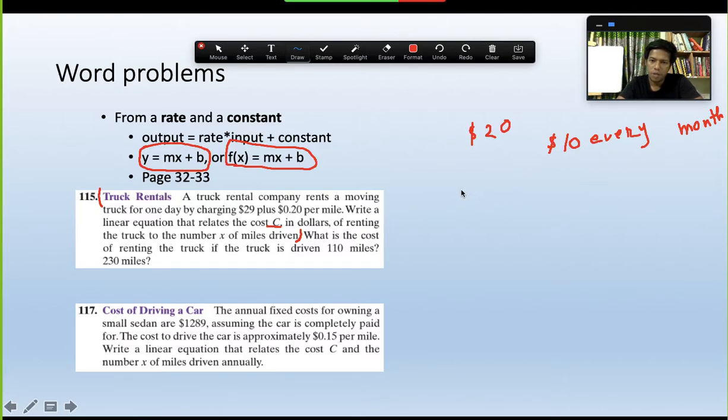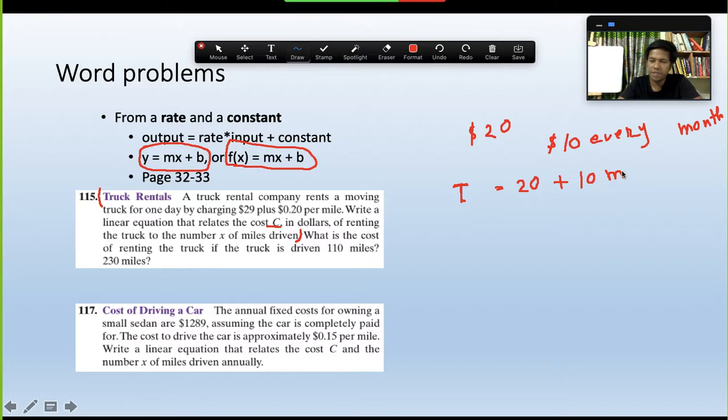Let's say the total money is T. T equals, you already have $20, plus $10 every month, that means 10 times M.